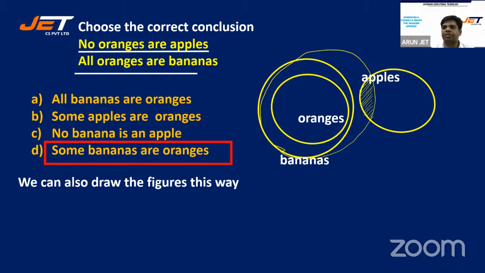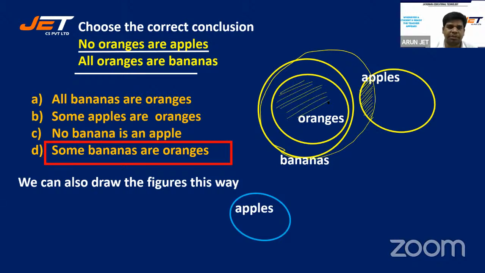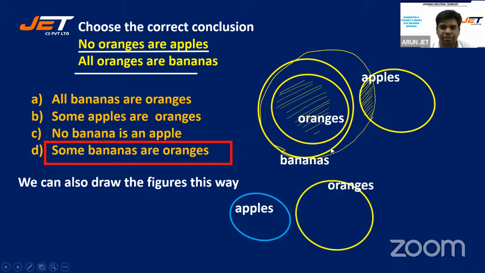If they don't intersect at all, then we say no. But there is a possible intersection between apples and bananas. But whereas D says some bananas are oranges. That makes sense because only this part of the bananas are oranges.